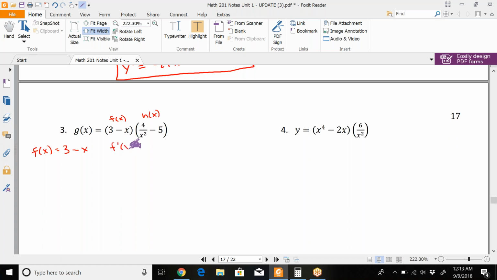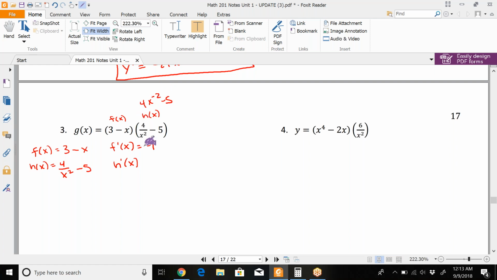The derivative of that would just be -1 because the 3 gives me nothing and a 1 would come to the front. It's times -1 and then you get x to the 0. H of x is going to be, no, I probably want to bring that to the front. That's 4x to the -2 minus 5. Sometimes rewriting that helps. So it is 4 over x squared minus 5 as an original function.